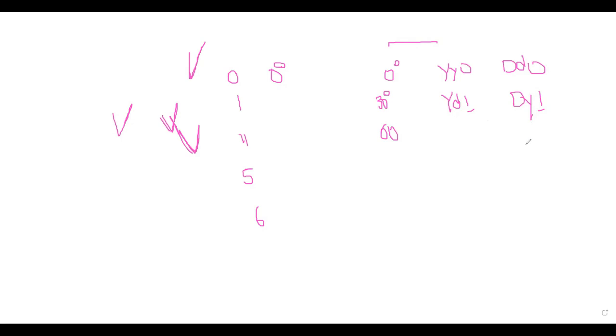Similarly, 150 degrees lag is YD5, DY5, and 30 degrees lead or 330 degrees lag you can say is YD11, DY11, like that. So these are the notations of the vector grouping, generally, how they are connected.